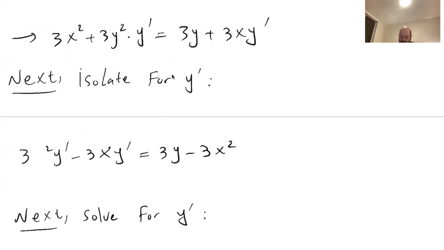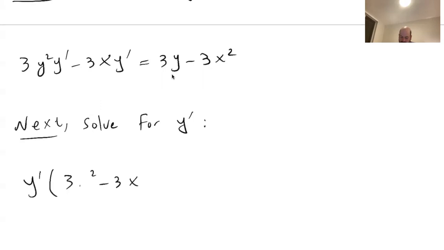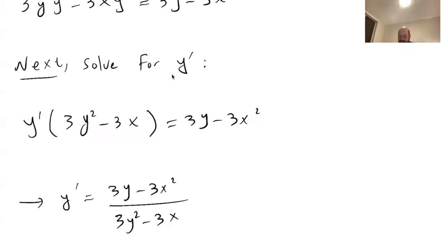So taking y prime out, 3 times y prime times (y squared minus x) equals 3y minus 3x squared. Therefore y prime will be 3y minus 3x squared divided by 3y squared minus 3x. So I can take 3 out and cancel 3 from top and bottom. Then y minus x squared divided by y squared minus x will be left.